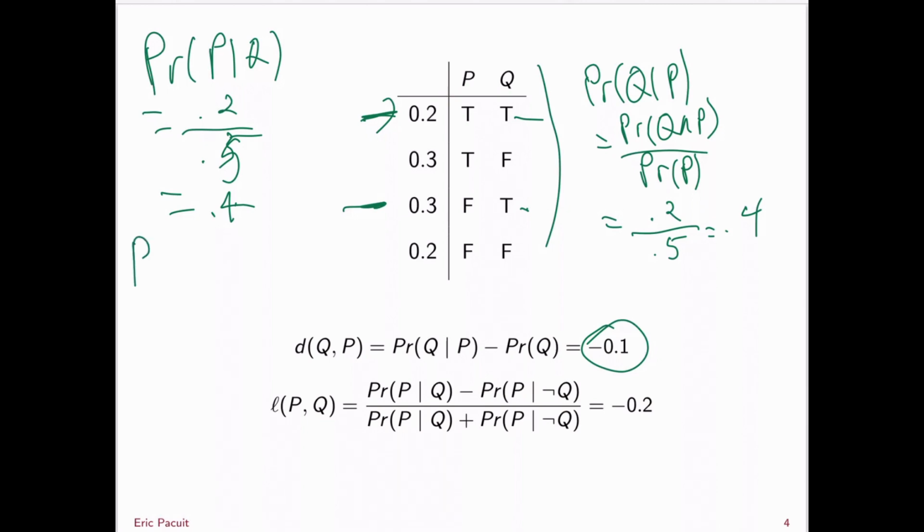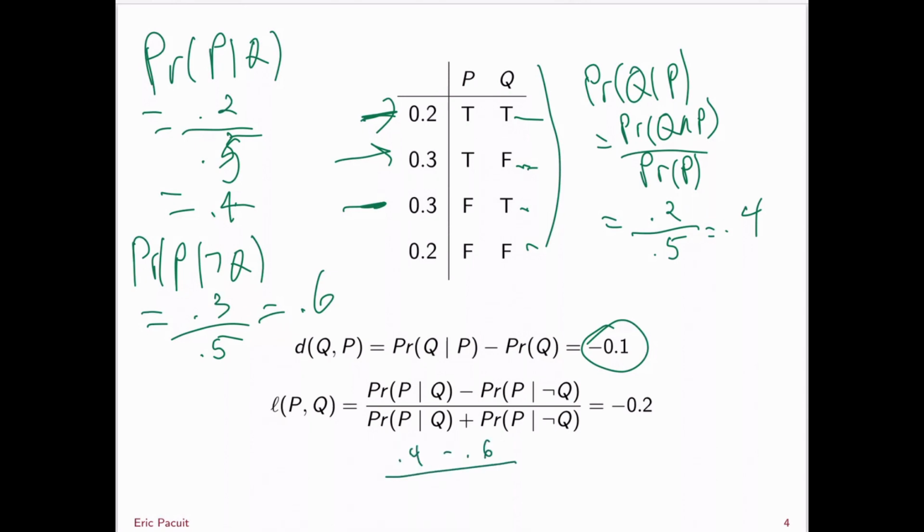What about the probability of P given not Q? Well, that's P and not Q, which is 0.3, divided by not Q, which is true at the second row and the fourth row. That's 0.3 plus 0.2. So this is 0.5. So this is equal to 0.6. So the probability of P given Q is 0.4, and the probability of P given not Q is 0.6. So this is 0.4 minus 0.6 divided by 0.4 plus 0.6.